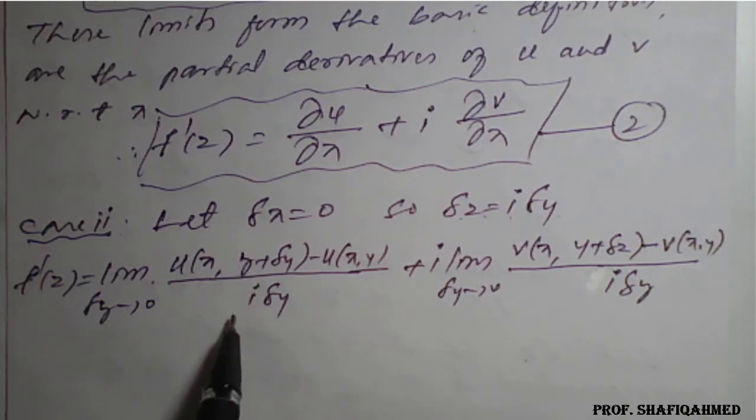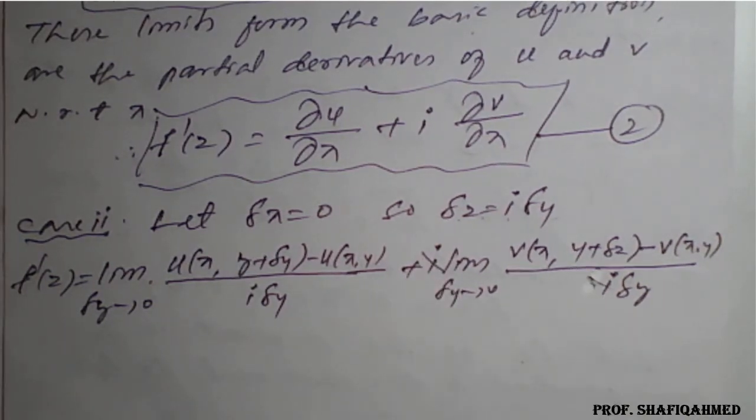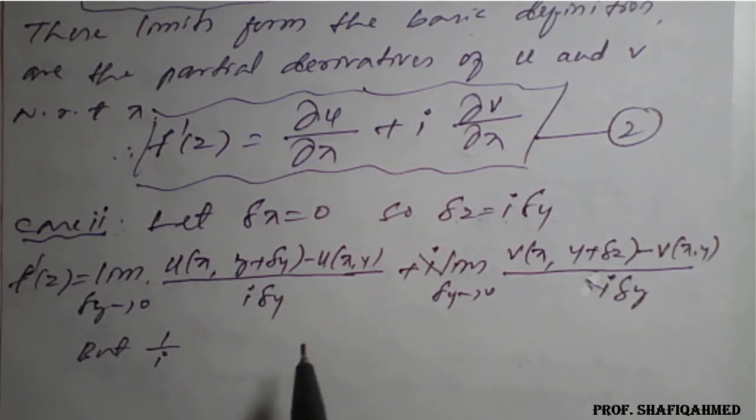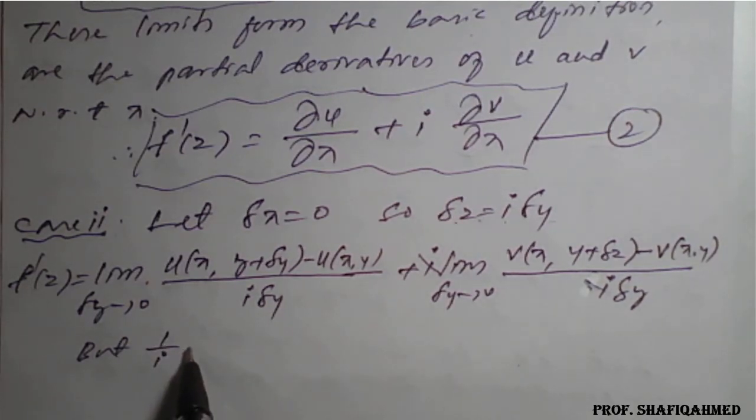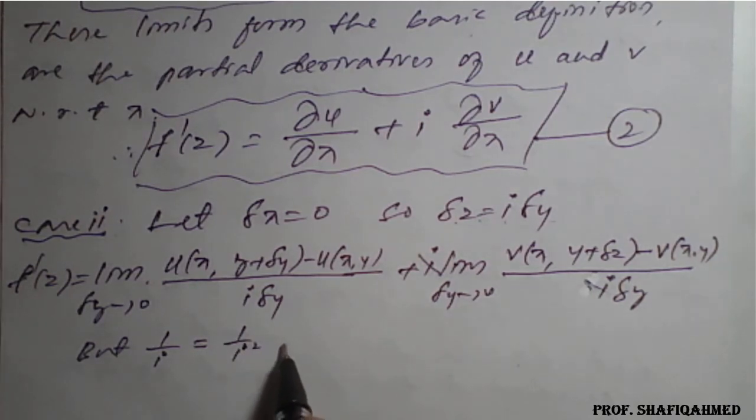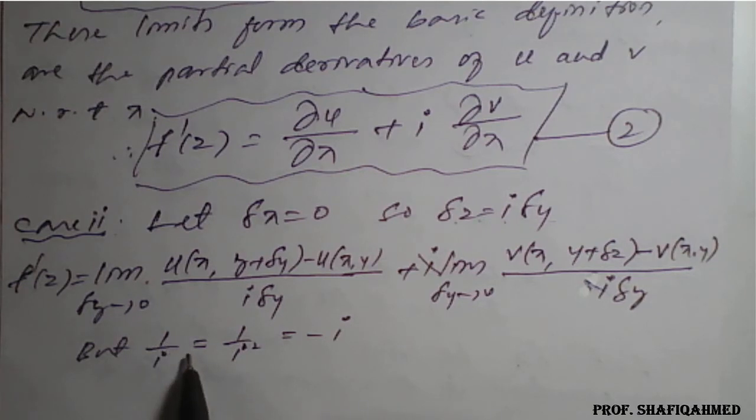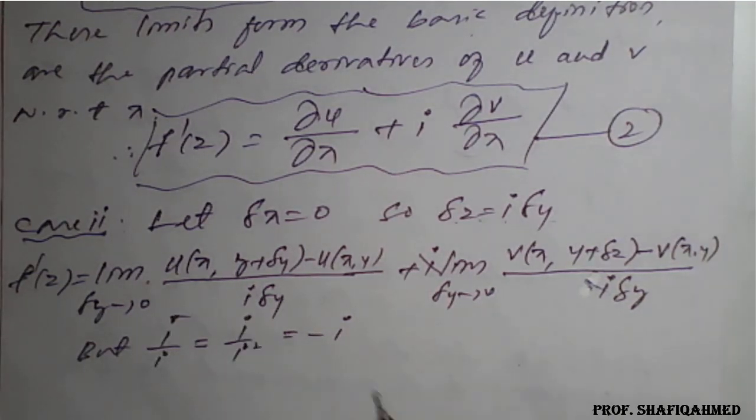Now you can see here we have 1 upon i in the first term and i in the second, so this i cancels. But this 1 upon i we need to evaluate.